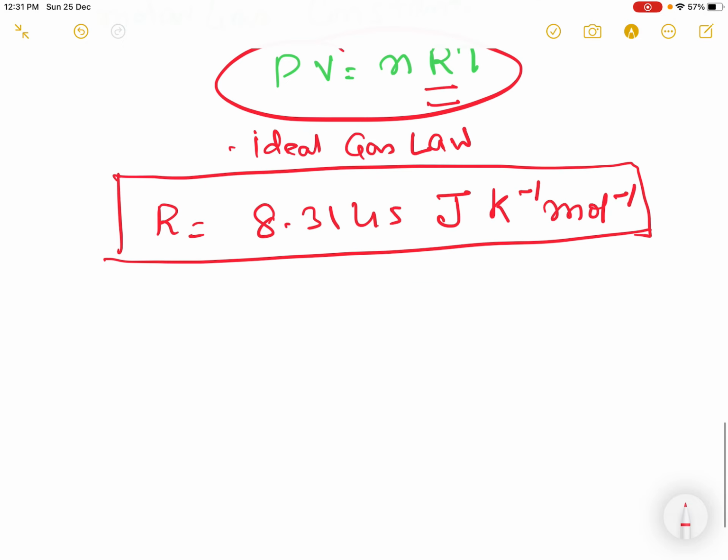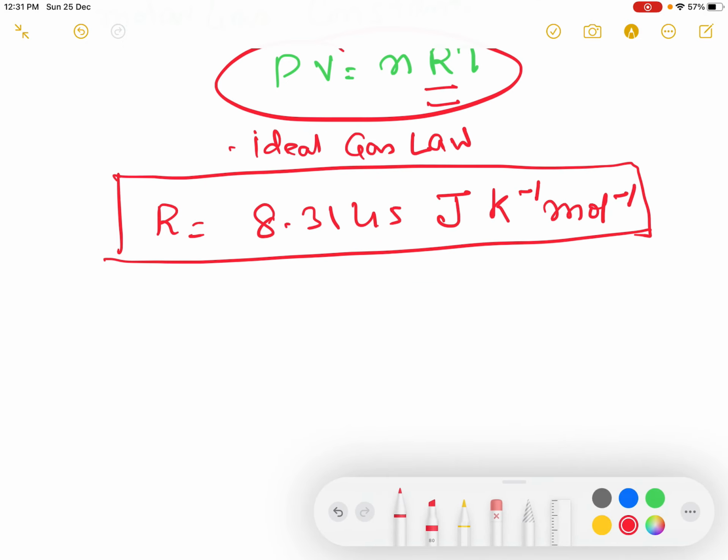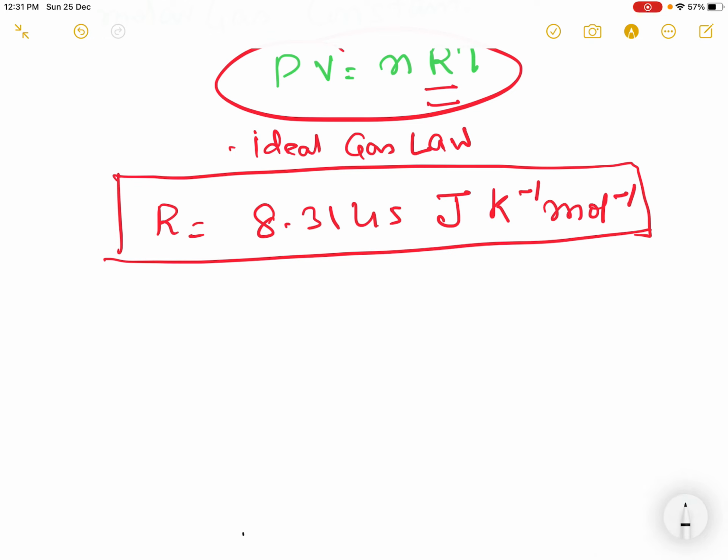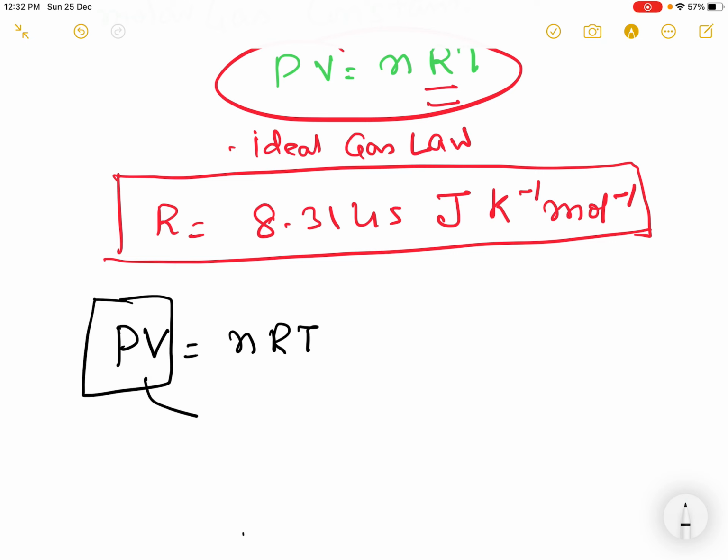Now let us see what does this PV is equal to nRT, PV has another significance. This is the work done by the system.